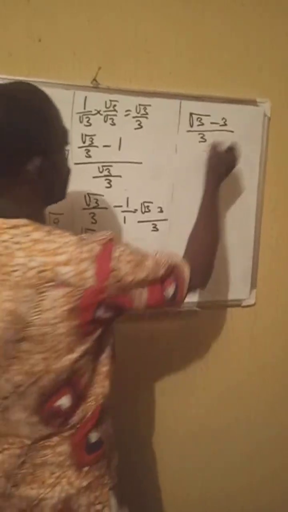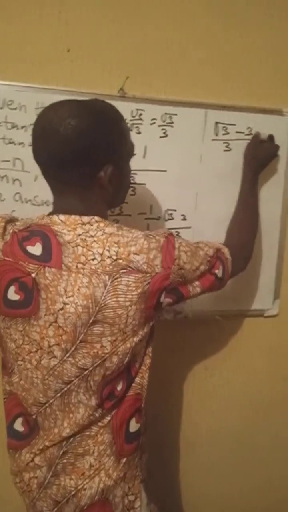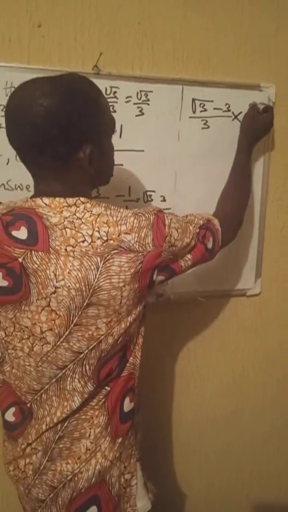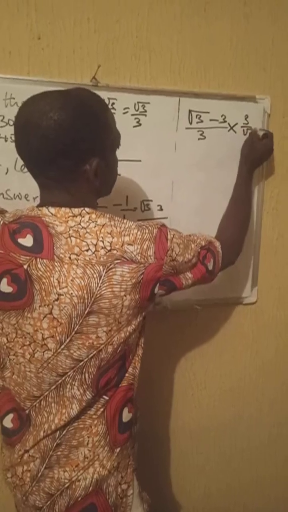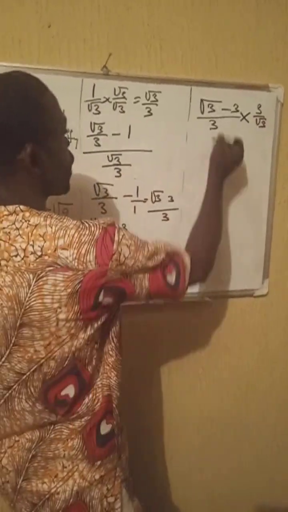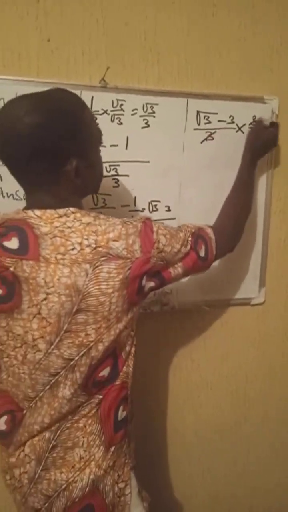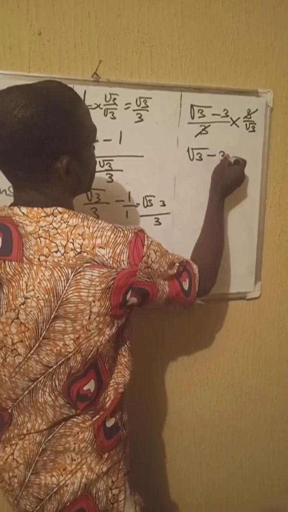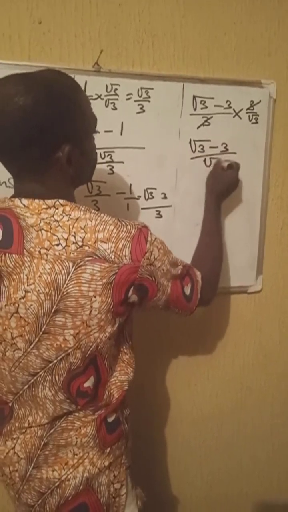Then the denominator will be turned upside down. So we now put multiplication. Instead of writing root 3 over 3, we now write 3 over root 3. Therefore, we can go straight to say 3 cancels 3. We are left with root 3 minus 3 divided by root 3.